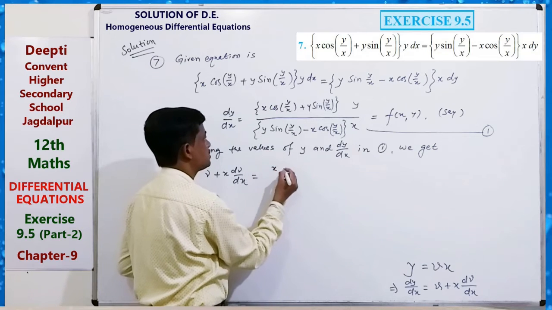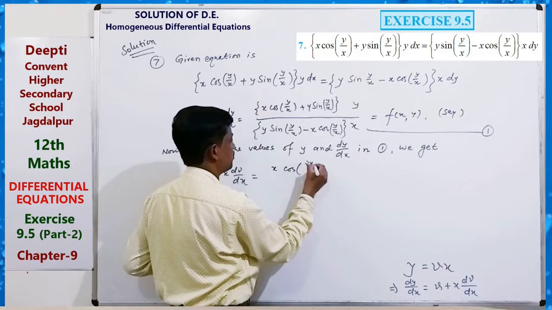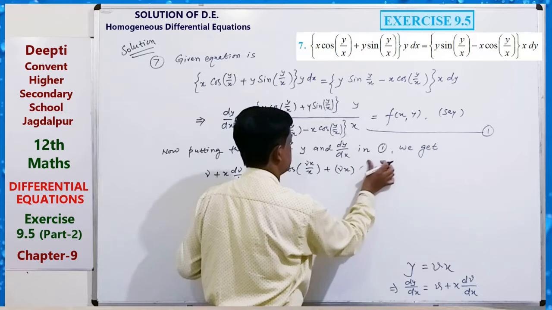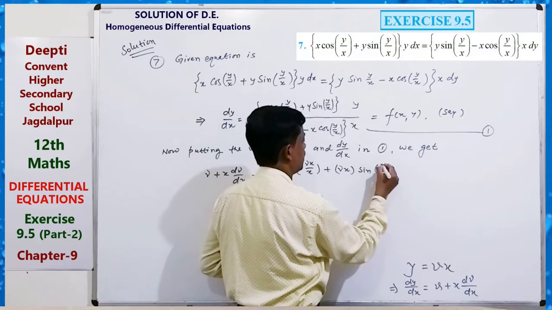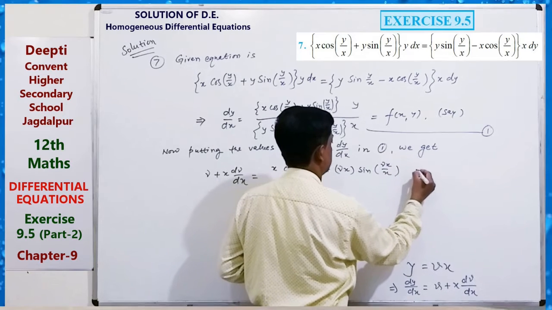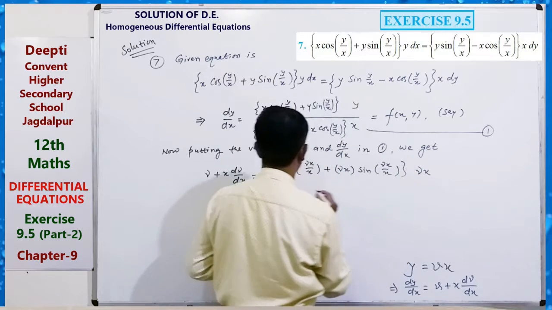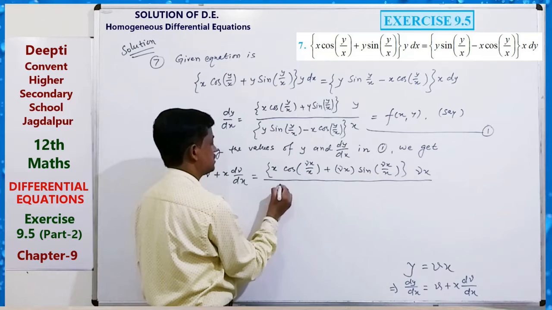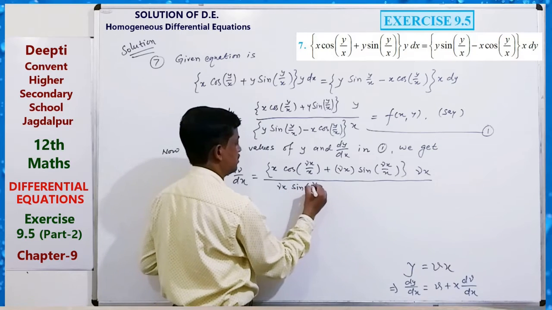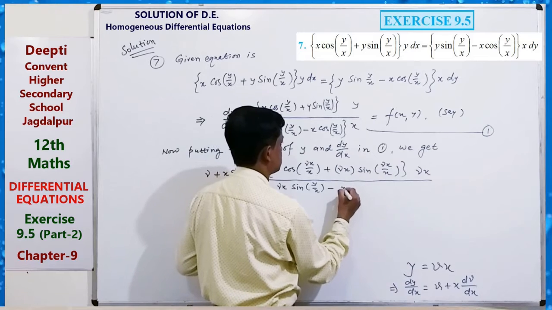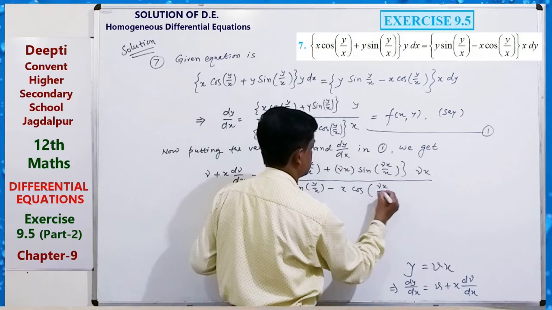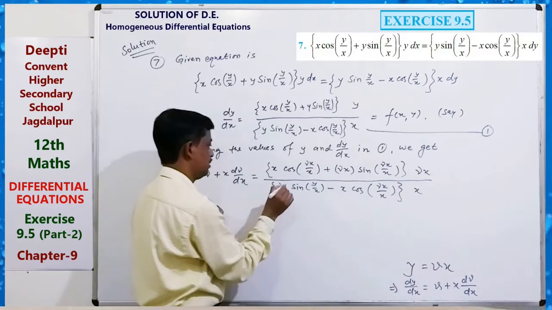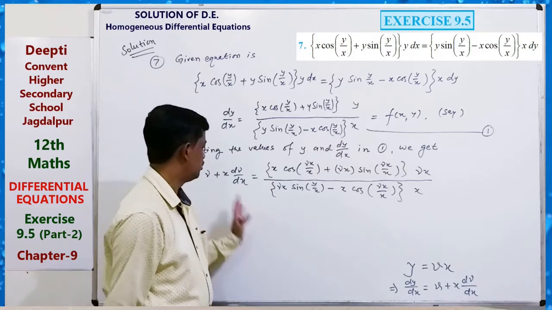Here x cos(vx/x) plus vx sin(vx/x), over vx sin(vx/x) minus x cos(vx/x).